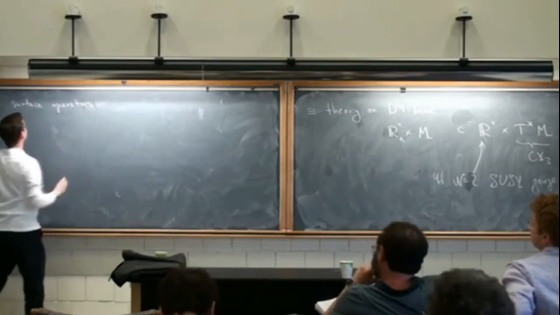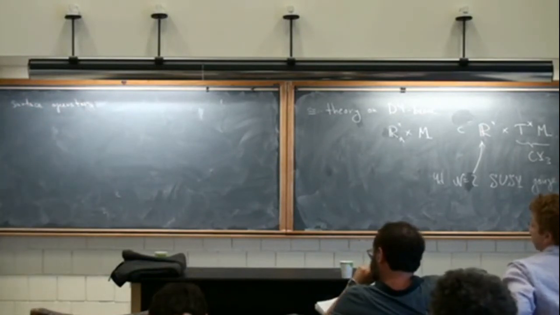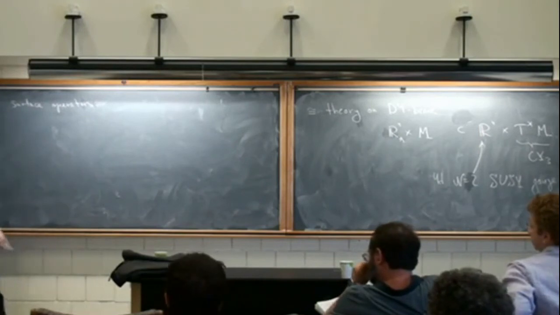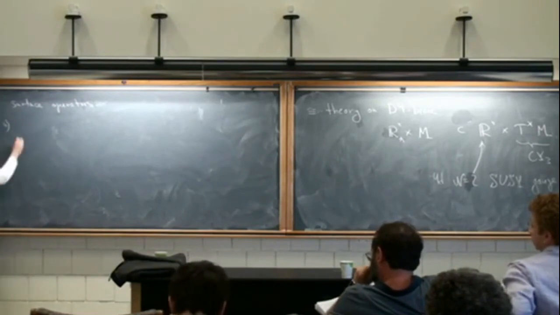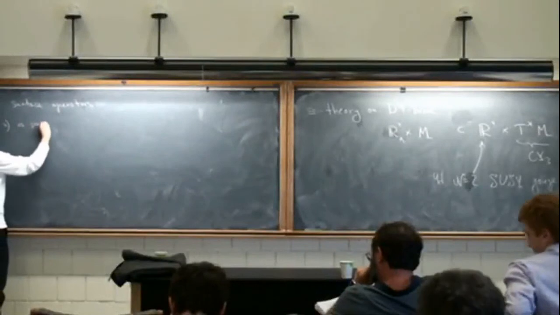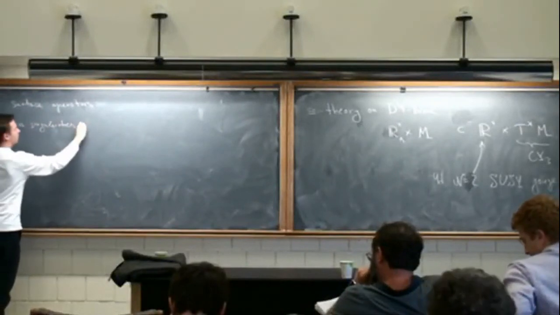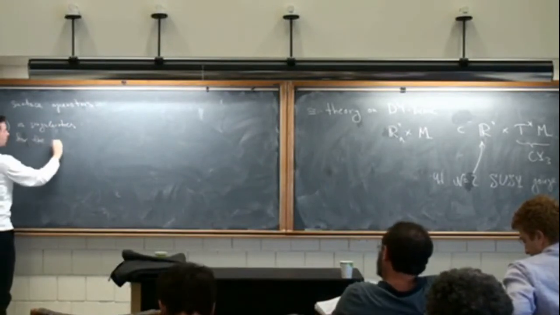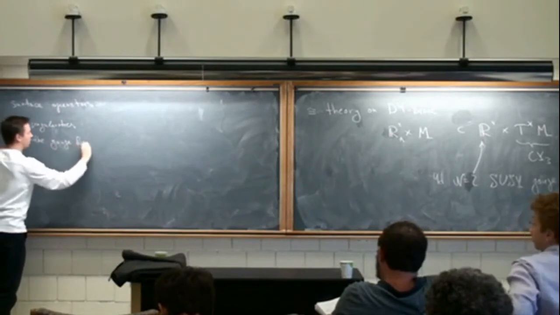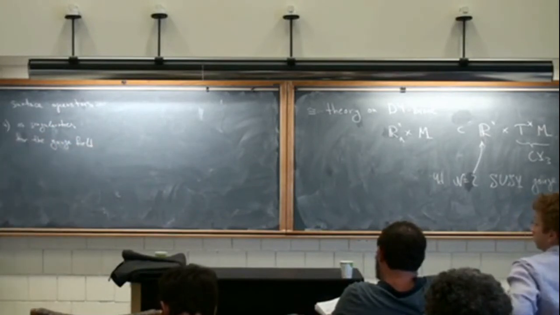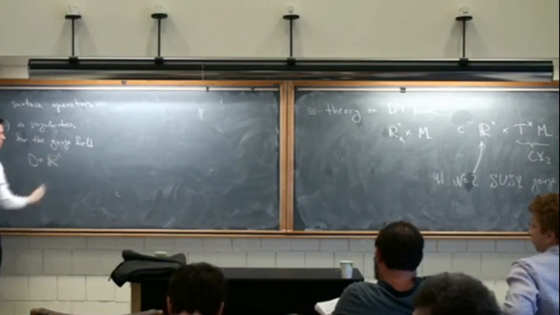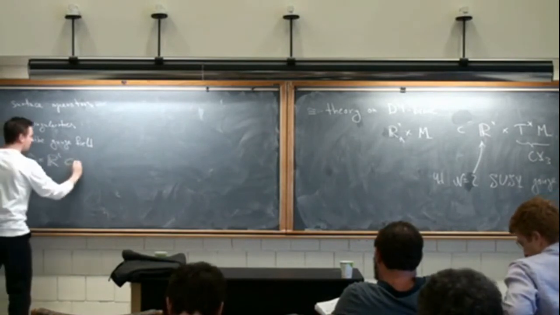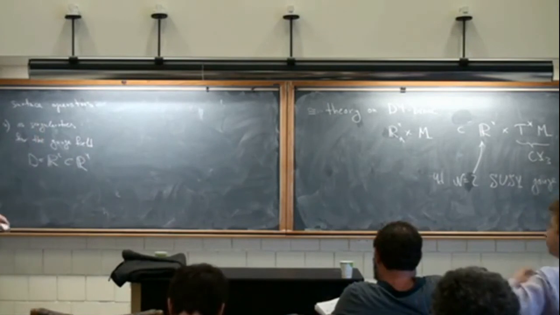There are various ways to describe surface operators, even if you don't appeal to string constructions, just within the gauge theory framework in 4 dimensions. One of them, which is perhaps the most powerful, is as singularities for the gauge field, the 4-dimensional gauge field. You just pick a surface D. In our case, it's R2, where the surface operator is supported, that sits inside the ambient 4-dimensional space-time.